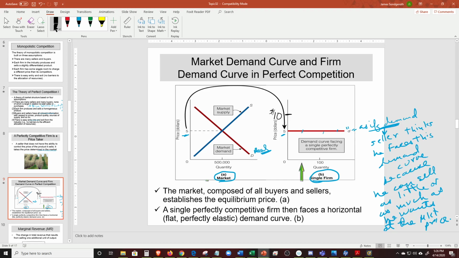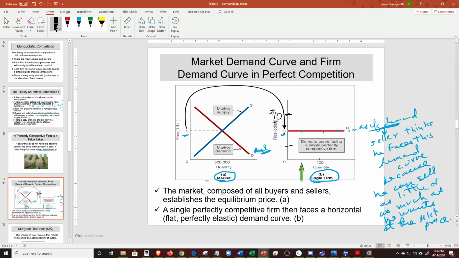But if the seller charged $10, let's say, for a bushel of wheat, and the wheat on the market was $5 a bushel, and the product is homogeneous, it's not differentiated, we can't tell the difference between one bushel of wheat and another, well, then the buyers aren't going to buy this $10 bushel. They can get it for $5. So nothing would be demanded at $10 a bushel.